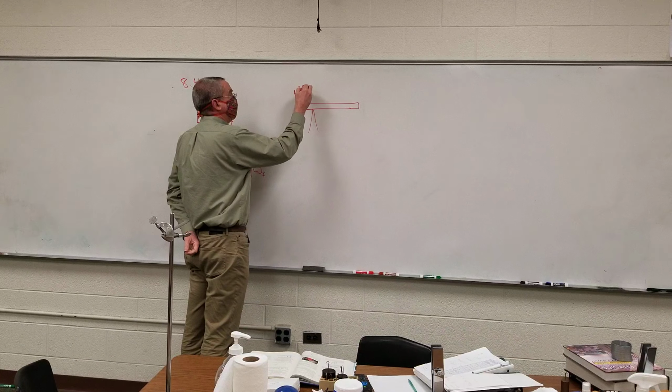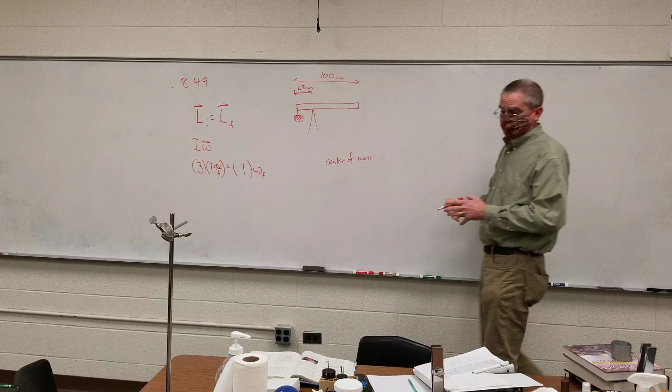So the meter stick obviously has mass all along there, but one of the nice things about a center of mass is that probably in almost all the cases that you will ever deal with, you can treat it like all the weight is concentrated at the center of mass.